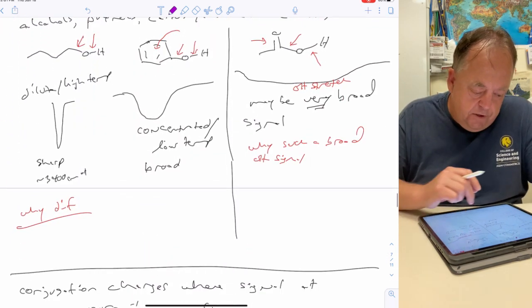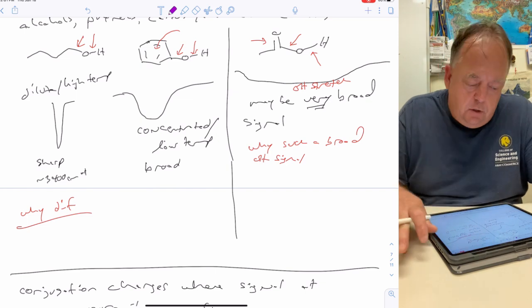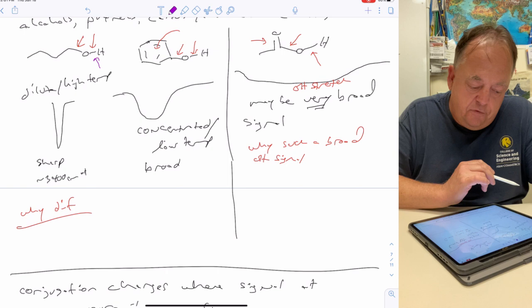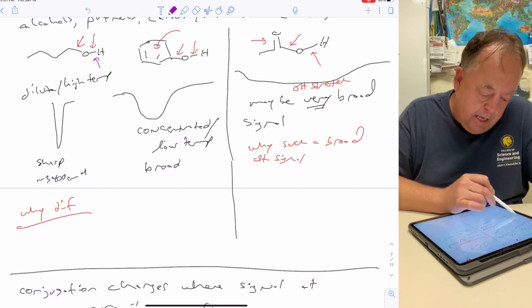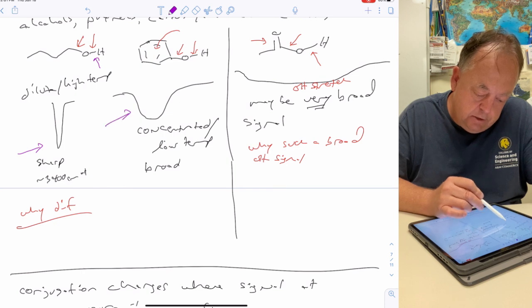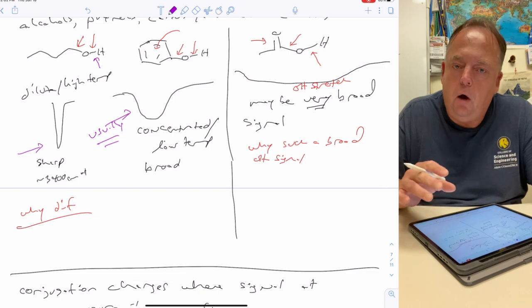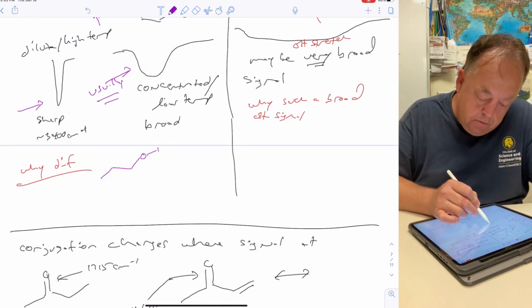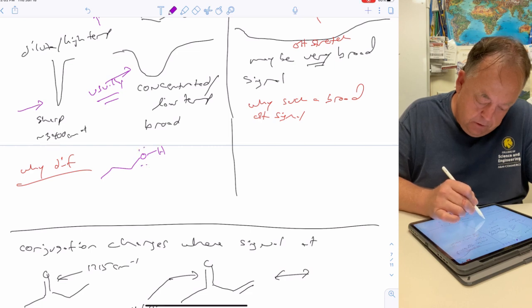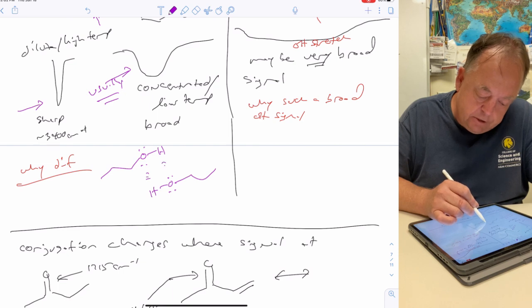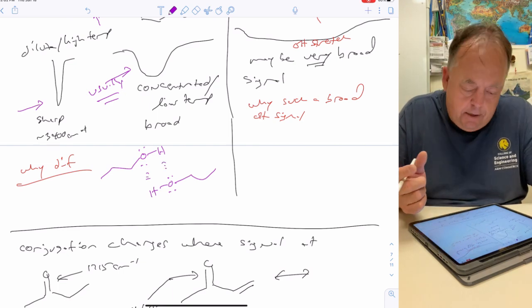Okay, so let's just briefly talk about what some of the different functional groups look like. If you have an alcohol in the molecule, well, you have a peak for the OH, and that peak can be sharp and intense, but usually it's not. Usually it looks like this. Usually it's fairly broad. So why the difference? Well, if you have an alcohol, of course, what an alcohol can do is make hydrogen bonds, and that tends to broaden the peak out.